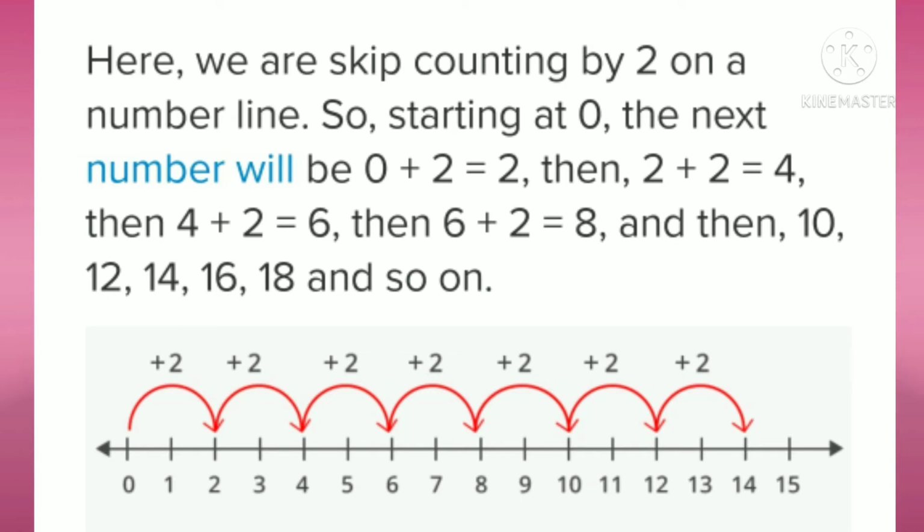Here we are skip counting by 2 on a number line. So starting at 0, the next number will be 0 plus 2 equal to 2, then 2 plus 2 equal to 4, then 4 plus 2 equal to 6, then 6 plus 2 equal to 8, and then 10, 12, 14, 16, 18, and so on.